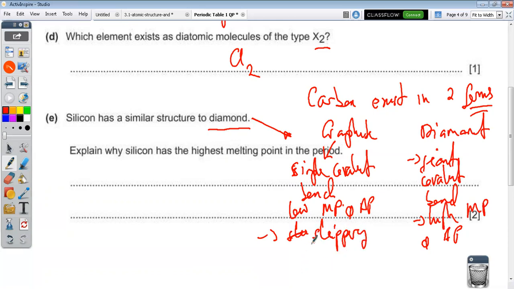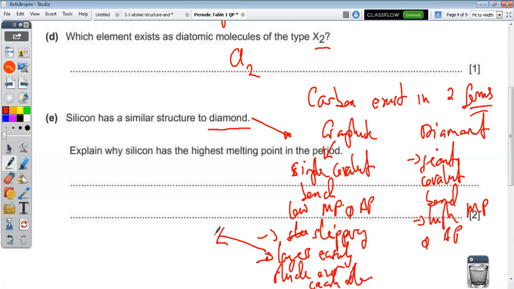So this one is slippery: the layers, you can check in a diagram, easily slide over each other. Because of this property, it's soft and used to make pencils.